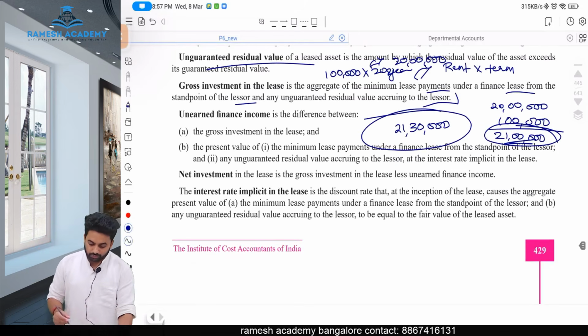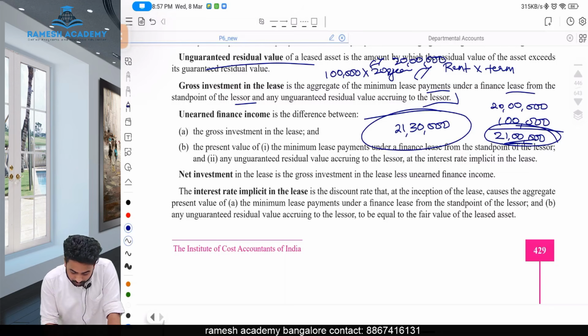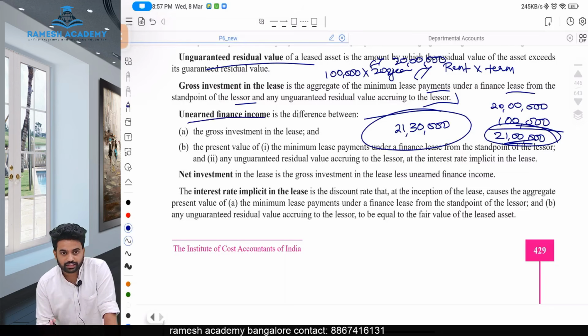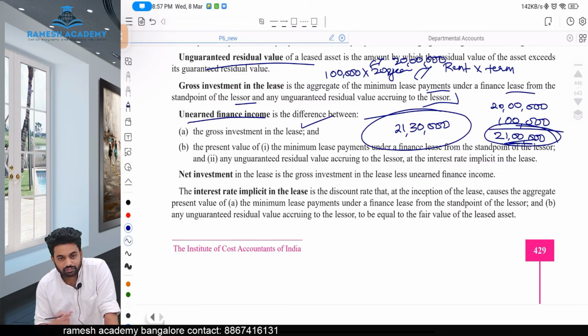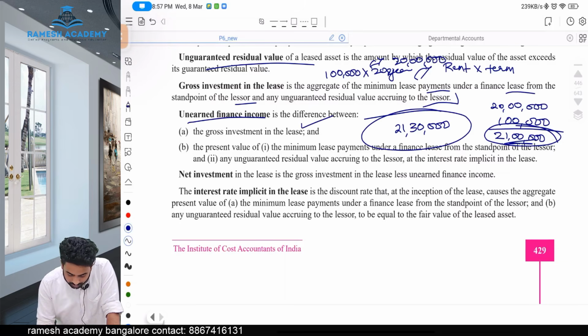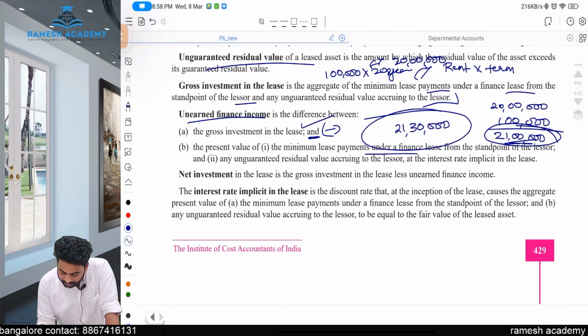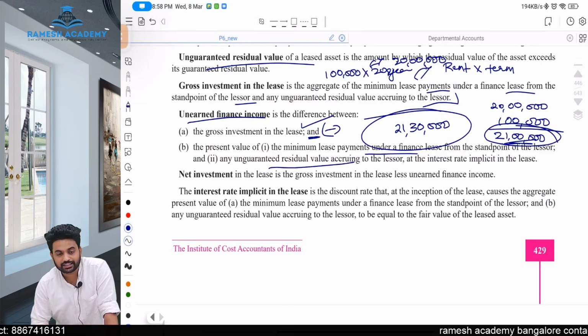Okay. Sir, what do you mean by unearned finance income? A question might come to calculate the unearned finance income. It is the gross investment in the lease, which you have already calculated, minus the present value of the minimum lease payment under the finance lease and the present value of your unguaranteed residual value.